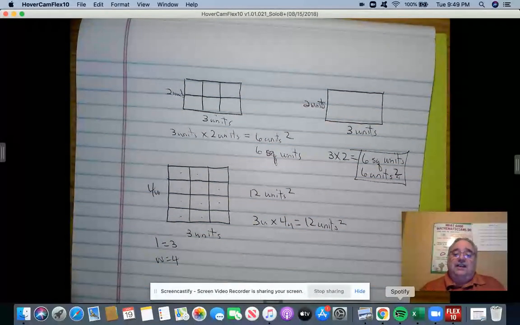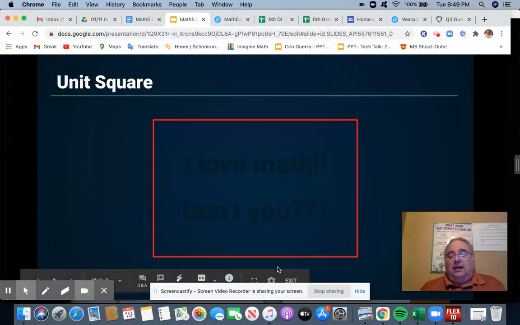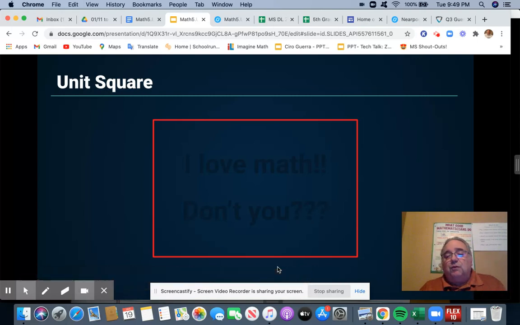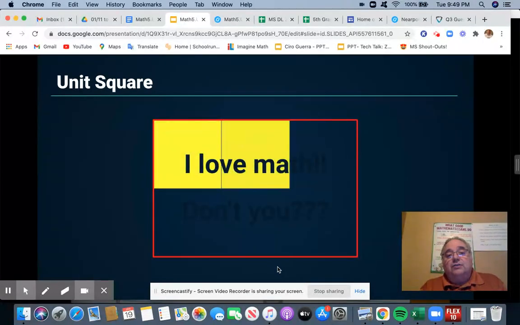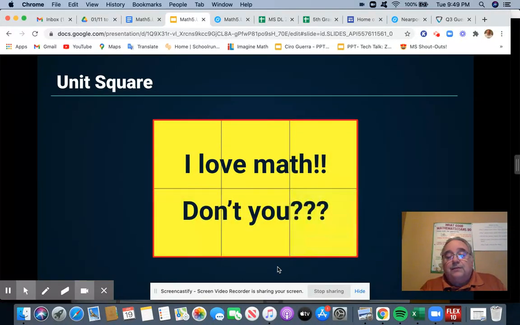Now you're going to take that knowledge and put it to use. Let me go ahead and show you my quick synopsis of what we just did. We have a rectangle, and that rectangle, I can tile it with square units. I can do 6 square units on here. It's my 3 times 2. I love math, don't you?